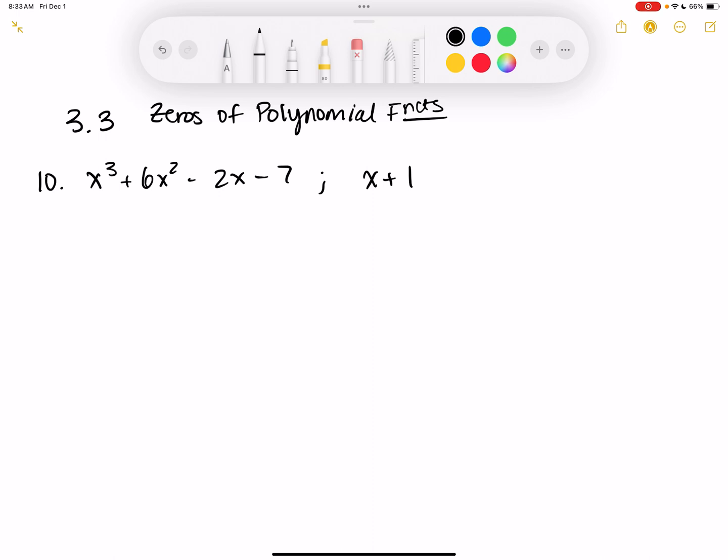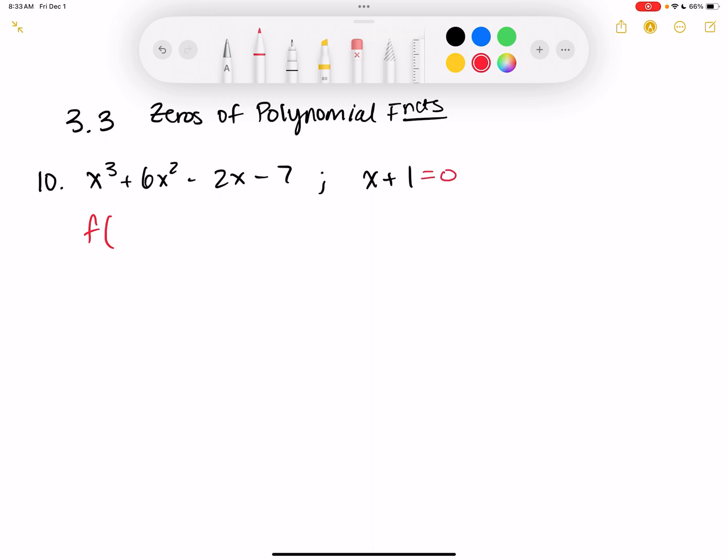So the factor theorem, we used the remainder theorem the other day. Factor theorem basically says that x minus k, or in this case x plus k, is a factor if and only if f of k is equal to 0. So I need to set this equal to 0 and move it over.